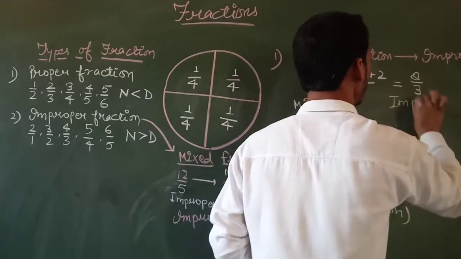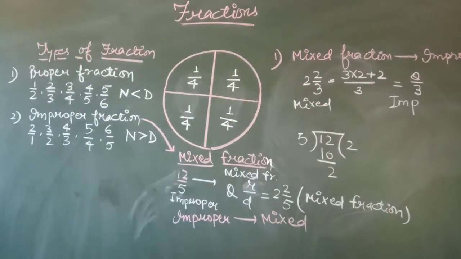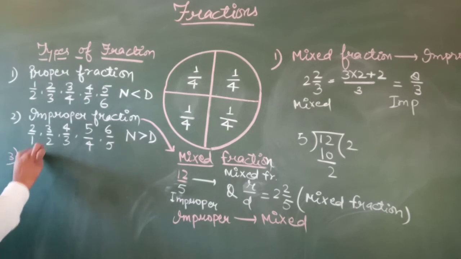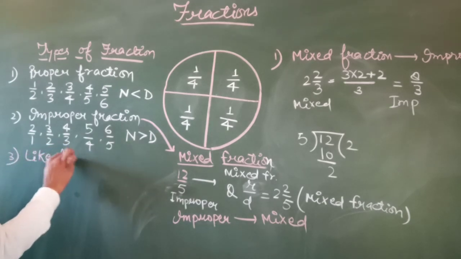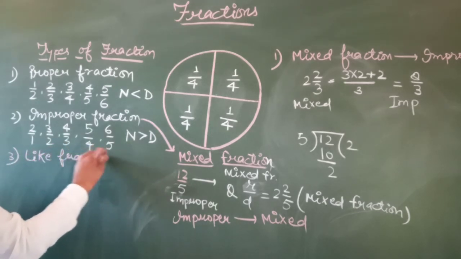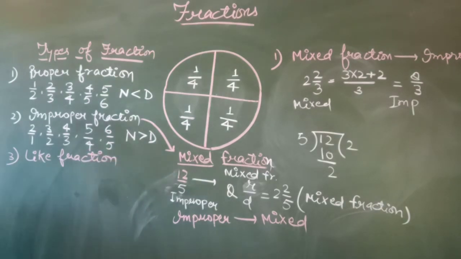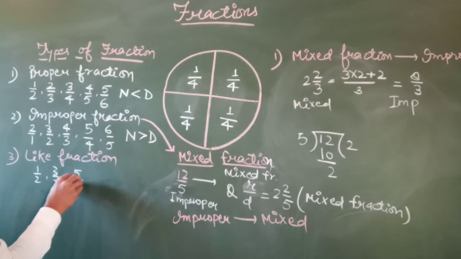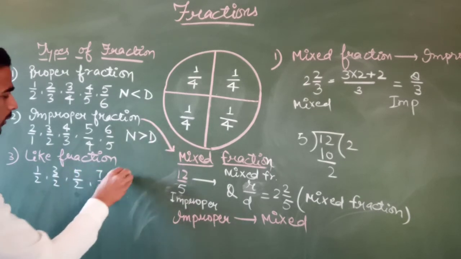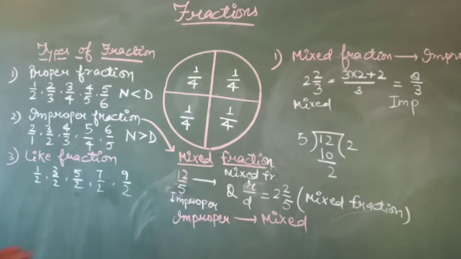Now let's go back to the topic we were studying. Third is called like fraction. In like fractions, the denominators are the same, as like 1 by 2, 3 by 2, 5 by 2, 7 by 2, 9 by 2. These are like fractions.